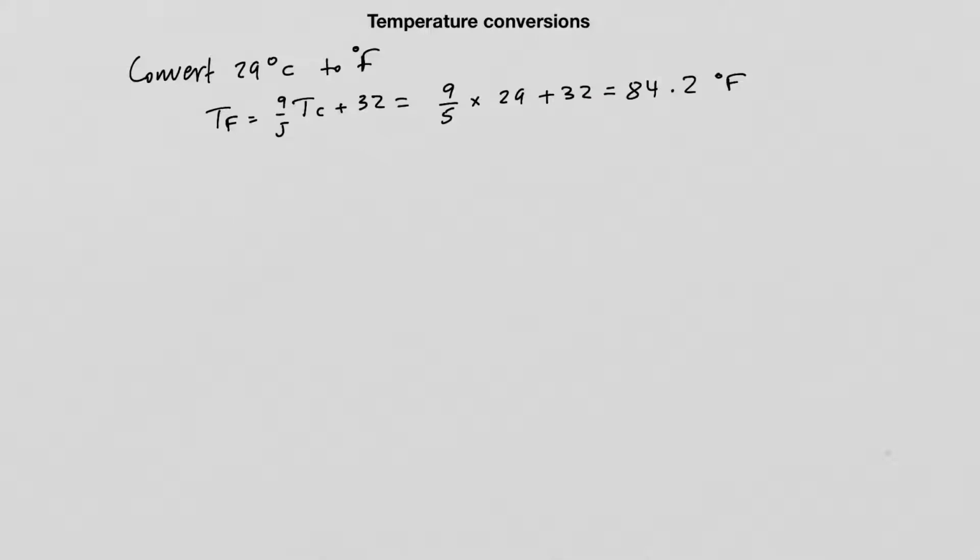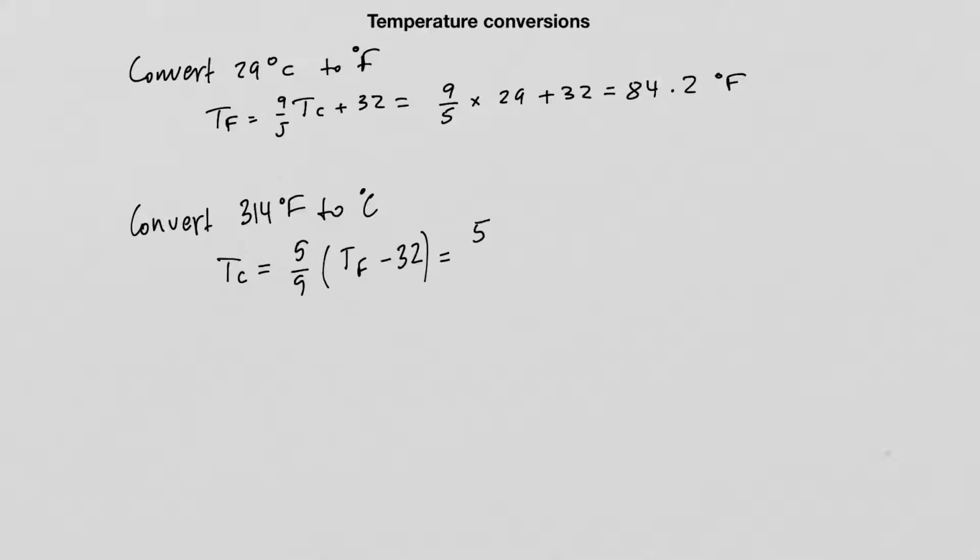Now let's do a conversion from Fahrenheit to Celsius. Let's convert 314 degrees Fahrenheit to Celsius degrees. The conversion formula for that is that the temperature in Celsius is equal to 5/9 times the temperature in Fahrenheit minus 32.